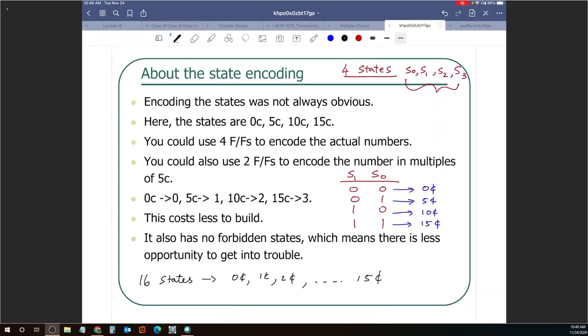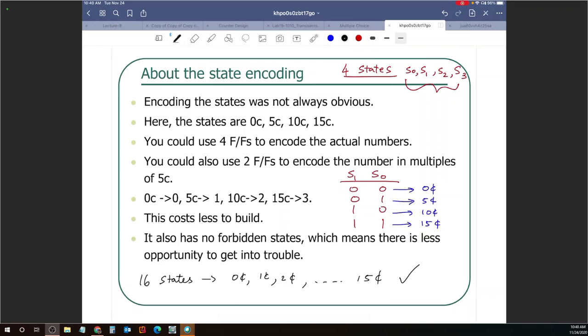Now, obviously, this is one possible state assignment. However, it's not very useful in our case because we are not even dealing with 1 cent. We are just dealing with nickels and dimes. But as far as the design process of this vending machine is concerned, one designer could choose this.